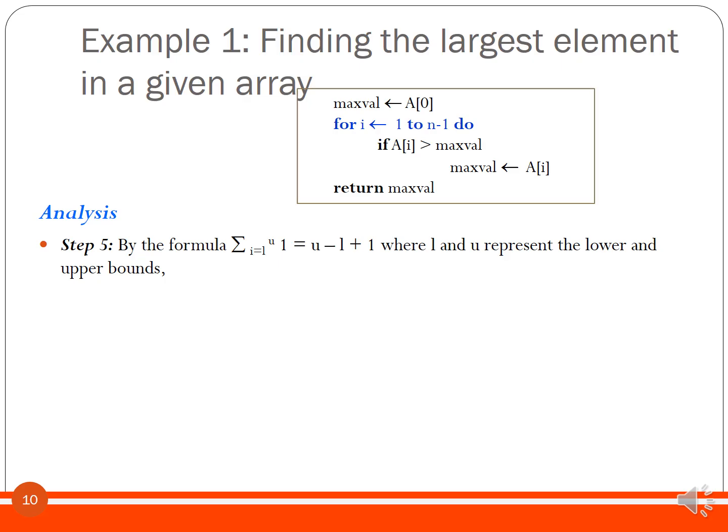Solving the summation using the summation formula, the total number of comparisons becomes n minus 1. Therefore, the running time grows linearly with the input size. Hence, the efficiency class of this algorithm is big O of n.